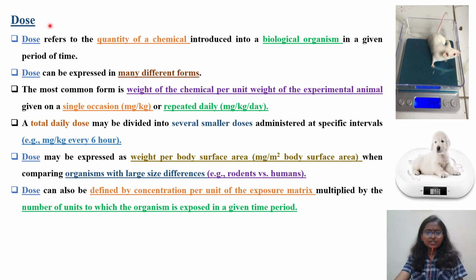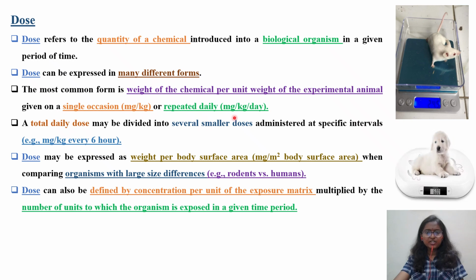Let us first understand what is dose. Dose refers to the quantity of chemical introduced into a biological organism in a given period of time. Dose can be expressed in many different forms. The most common form is weight of the chemical per unit weight of the experimental animal given on a single occasion, so the unit will be mg per kg.